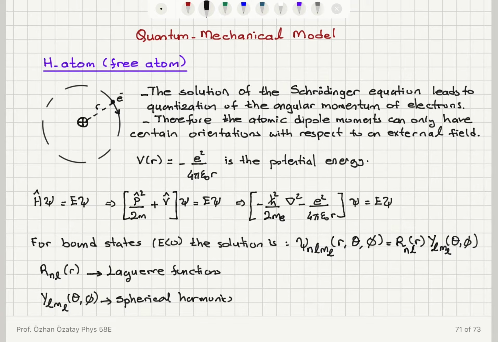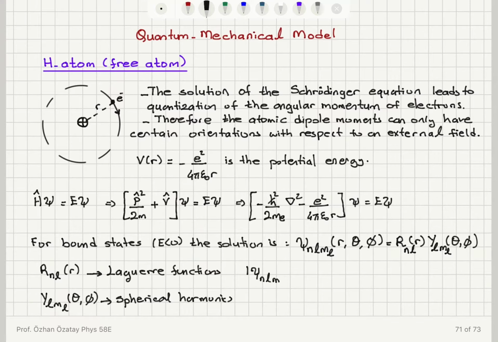And the probability of finding an electron in some infinitesimal region around the point r, theta, and phi is basically given by the absolute value squared of the wave function. So that's the physical meaning of the wave function.